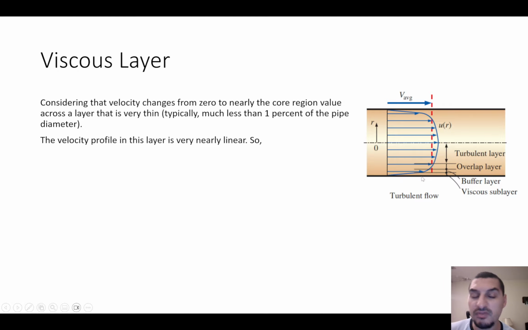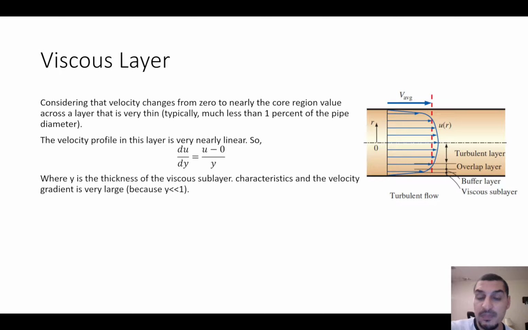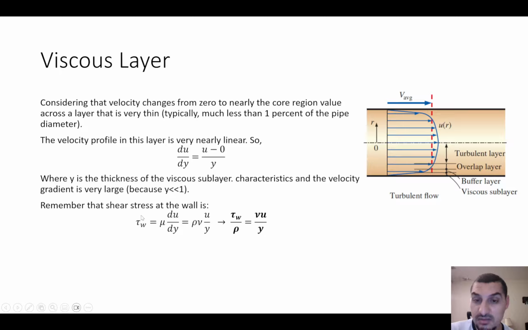Just to have a feeling of the numbers, if this radius is 10 centimeters, then this change in the velocity happens in only 1 millimeter, which is a very, very small distance. So the change of the velocity with y, or with distance, is large, because y is very small, and this means that the shear stress at the wall is going to be very high compared to laminar flow.